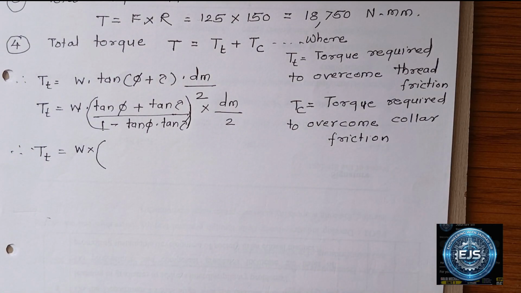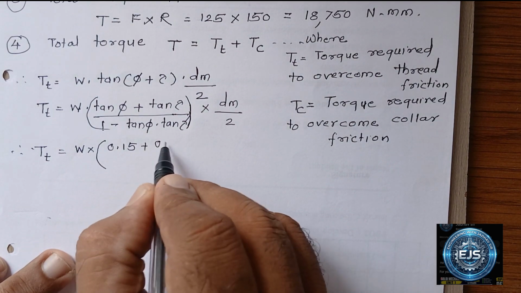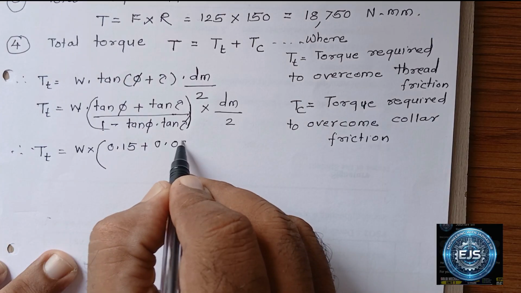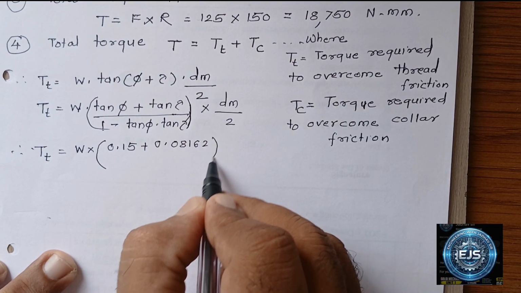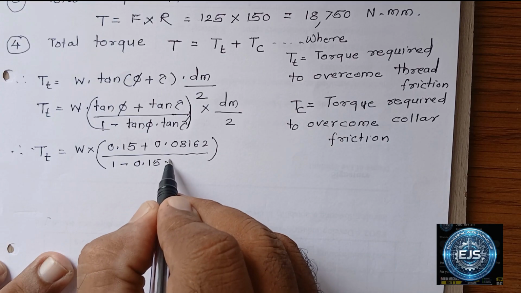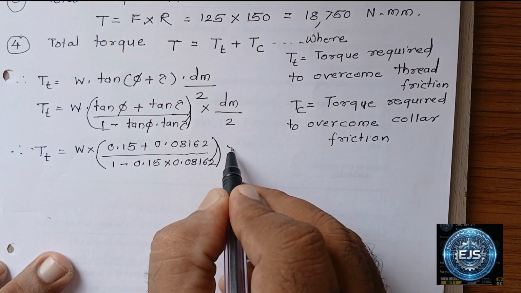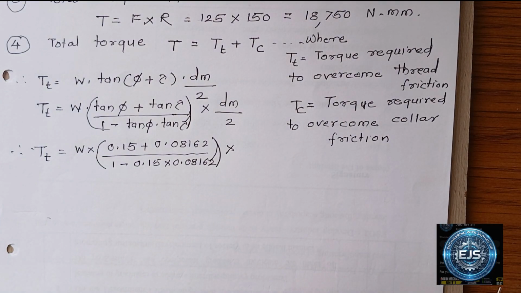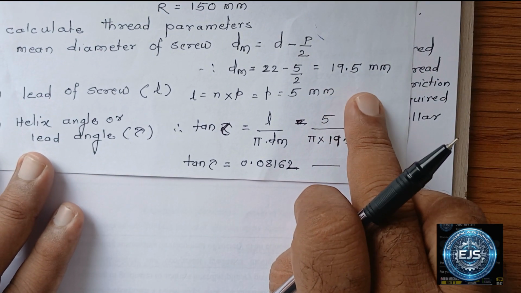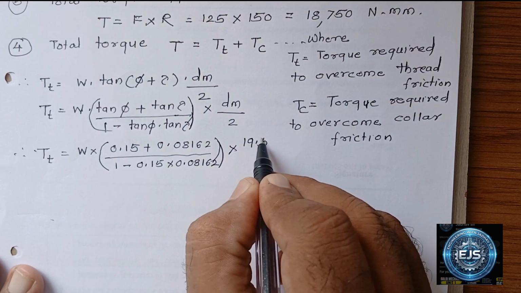So it is 0.15 plus 0.8162, divided by 1 minus 0.15 into 0.8162, in the bracket, multiplied by the mean diameter of the screw that we calculated in the beginning, 19.5, divided by 2.